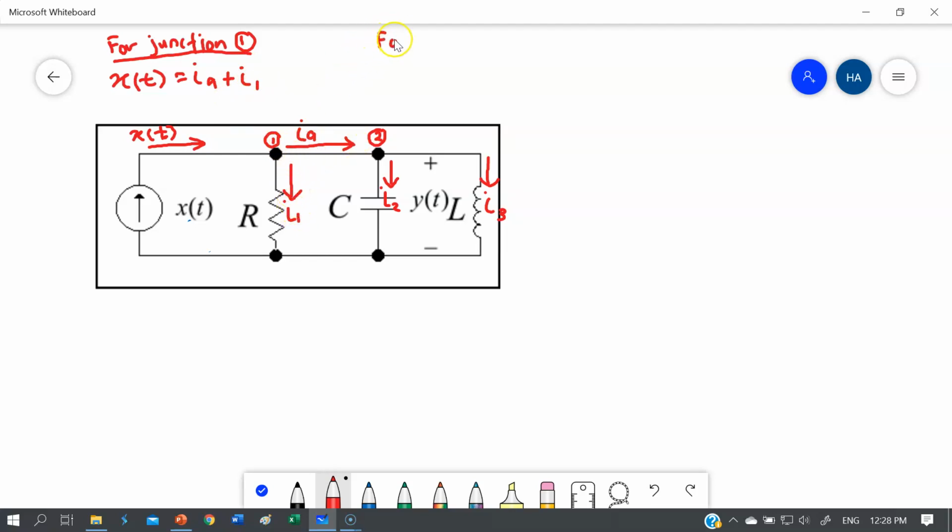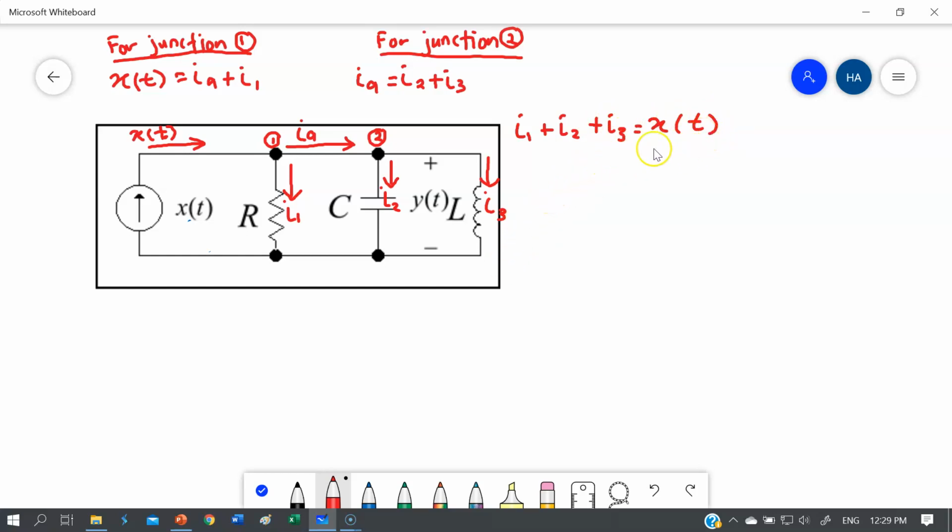For junction number 2, we have IA equals I2 plus I3. IA goes into the junction, I2 and I3 come out from the junction. If we substitute this IA into here, then we will get I1 plus I2 plus I3 equals x of t.